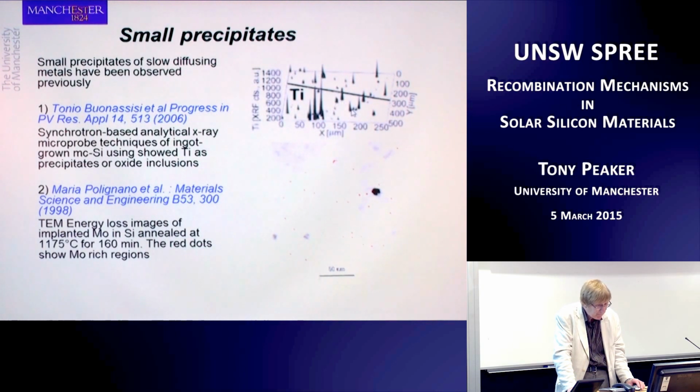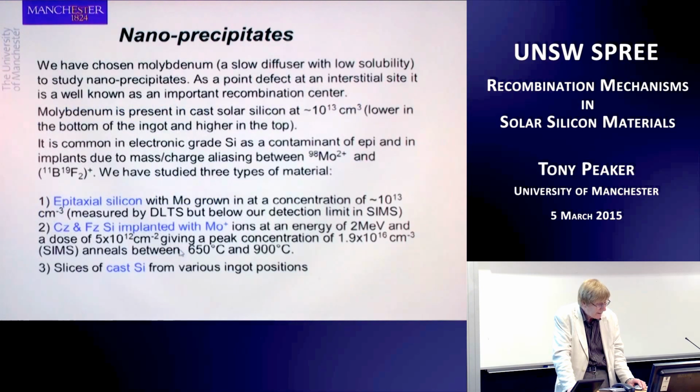I don't think they are really precipitates. But this person, Maria Pogliano, working at ST, did see things which were quite definitely molybdenum precipitates, not in cast silicon, but in electronic grade.